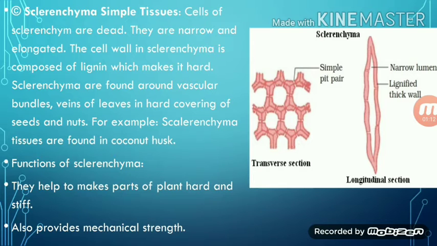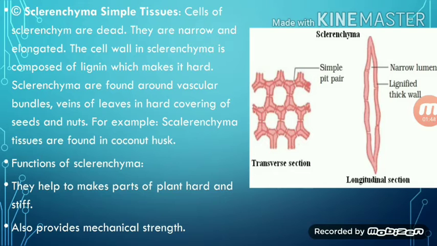We find sclerenchyma in vascular bundles, veins of leaves, and the hard covering of seeds and nuts. For example, sclerenchyma tissue is found in coconut husk, which is very hard.